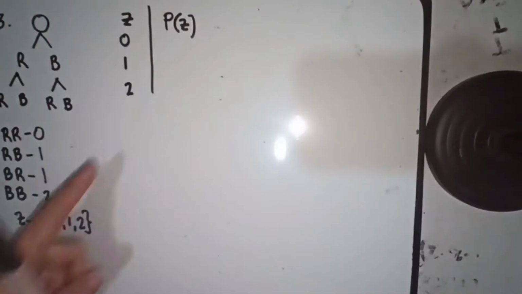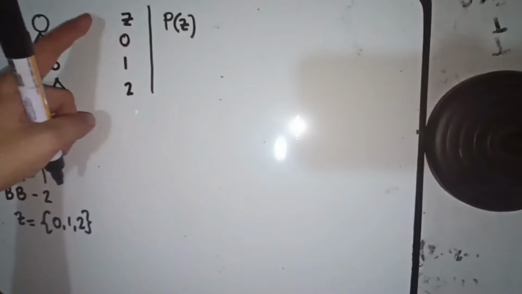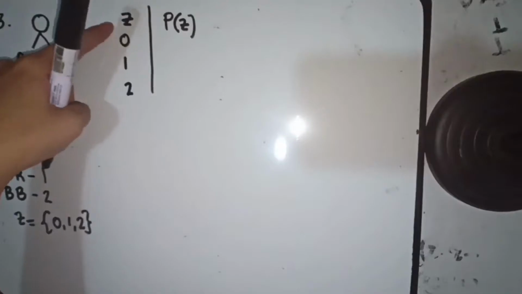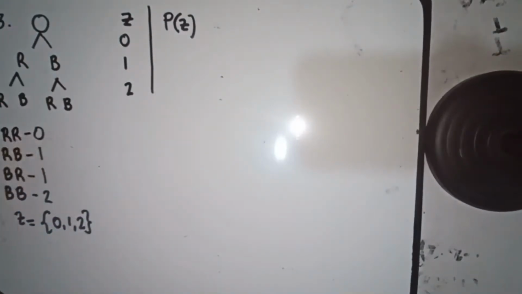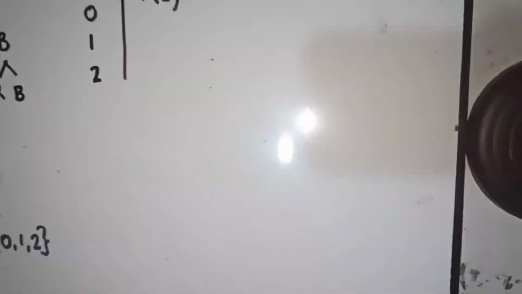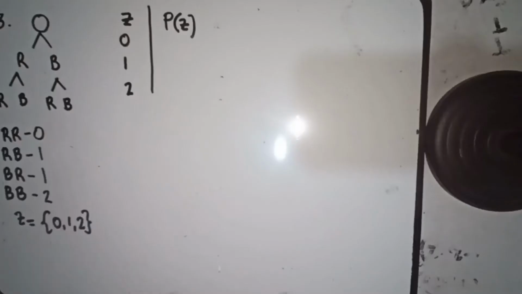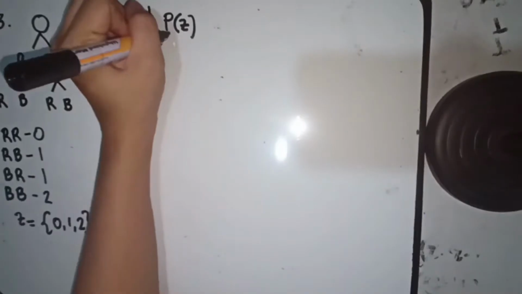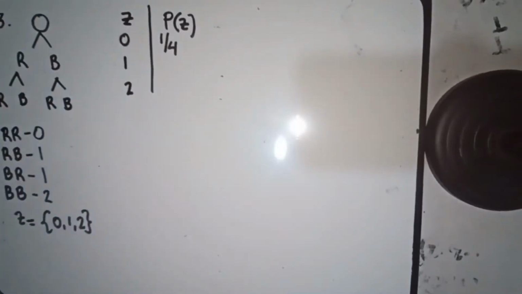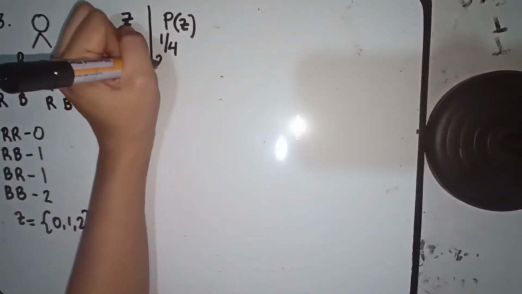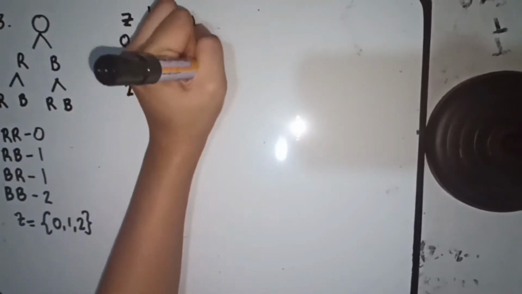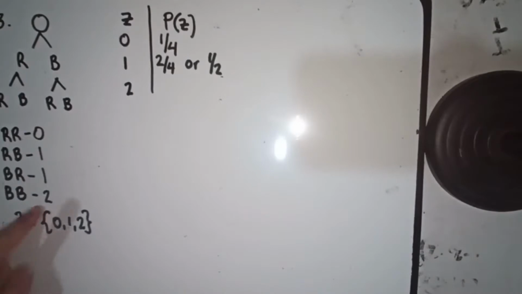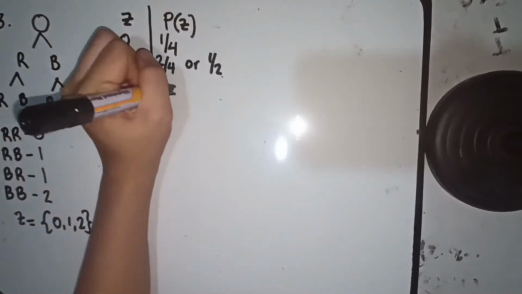For P of z, those are the corresponding probabilities of our random variable z. For 0, we have 1 out of 4, since 4 is the total number of outcomes. So we have 1 over 4. For 1, we have 2 over 4, or 1 half. For 2, we have 1, so we have 1 fourth.